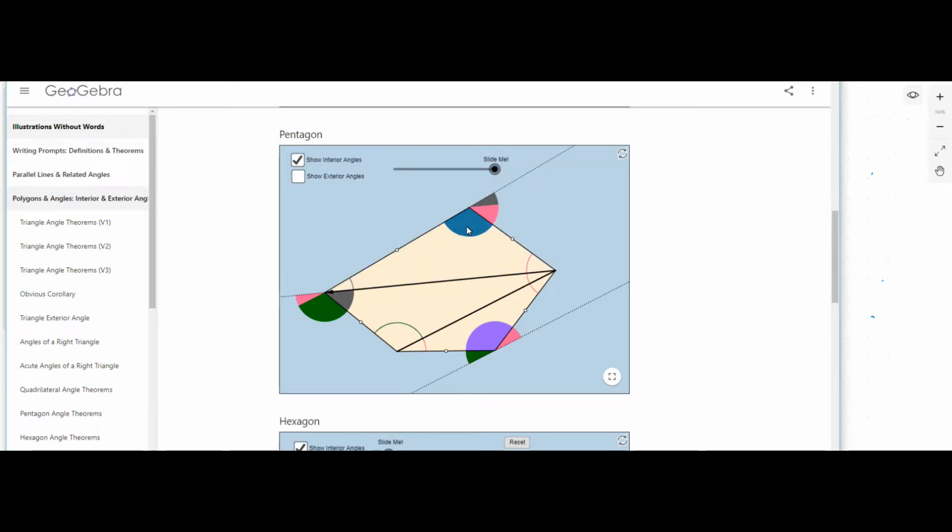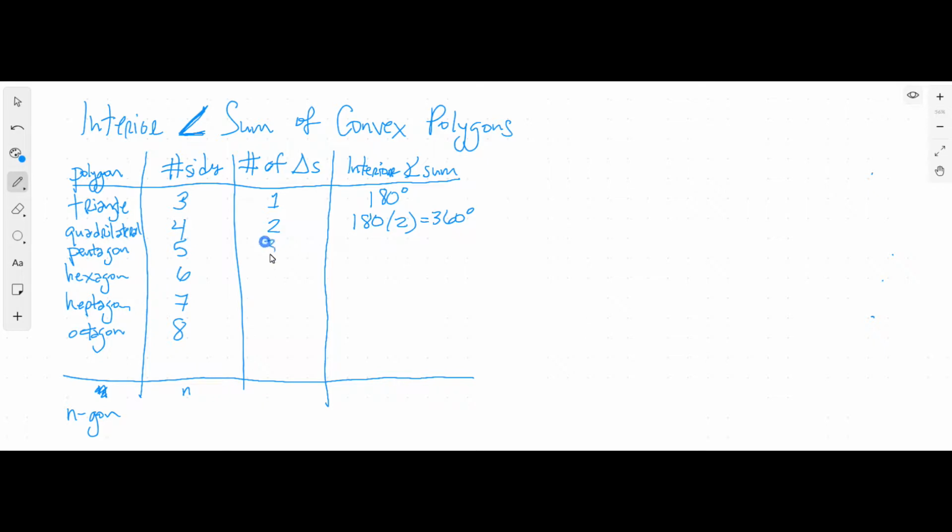And then a third triangle with 180 degrees for all of those angle sums. Meaning that I had 3 triangles inside, and my interior angle sum, all of the colors, is 180 degrees 3 times, which I believe is 540. Let me actually do some lines. I'll pause the video and do lines in just a minute. Okay, let's go on to the next one.